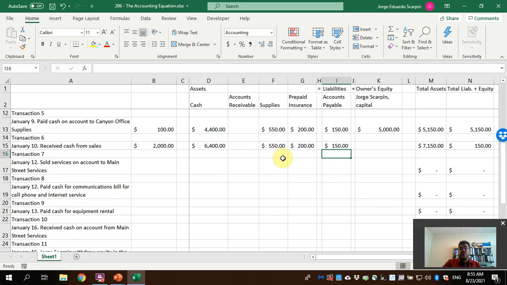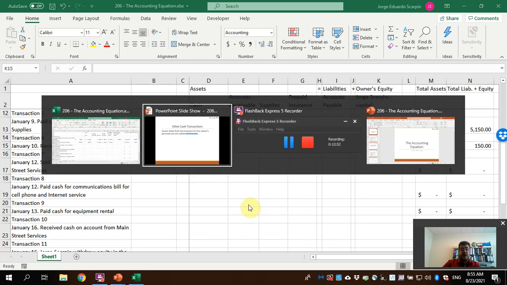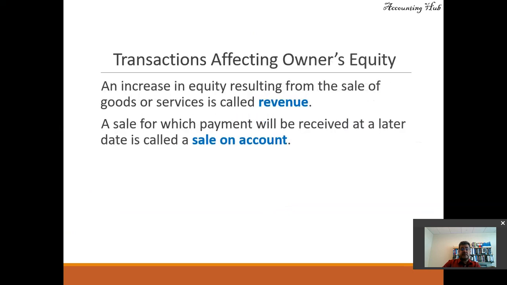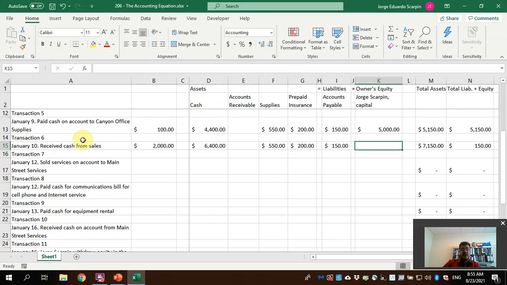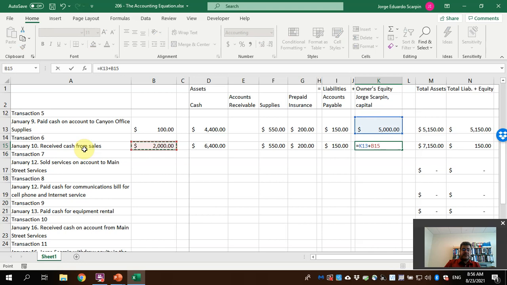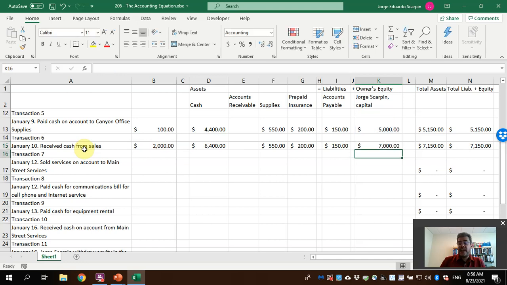However, it is increasing our owner's equity because, resulting from the sales of goods or services, we are selling our service here, so it increases our equity. So 5,000 plus 2,000, $7,000. Total assets equal total liabilities plus equity.